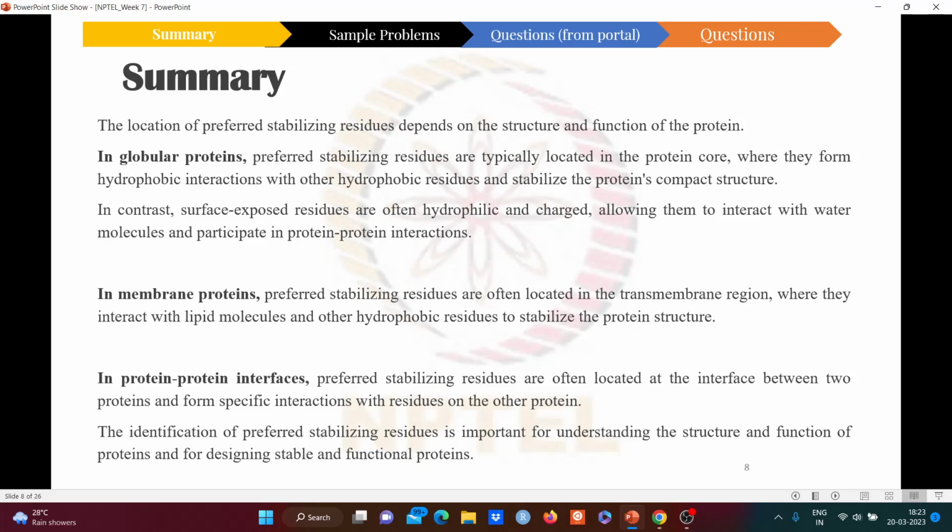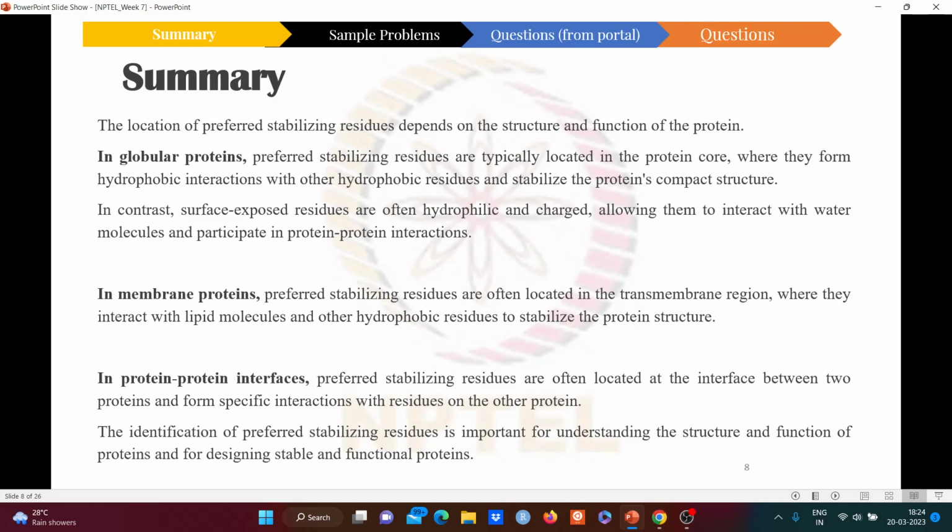That is why when you see a membrane protein, it spans the membrane or lipid bilayer using secondary structure elements such as alpha helices and beta barrels. In protein-protein interfaces, the preferred stabilizing residues are often located at the interface between two proteins. So these residues are typically surface exposed and can be either hydrophobic or polar depending on the nature of the interface.